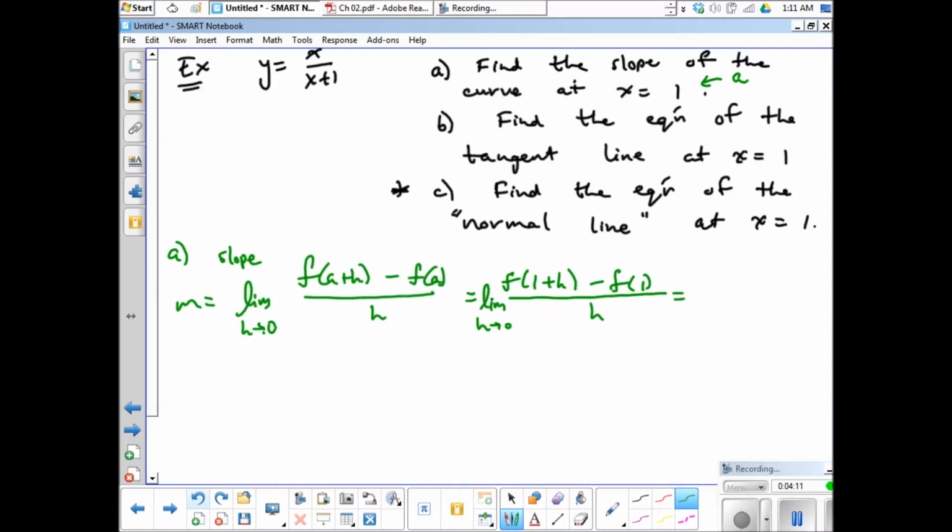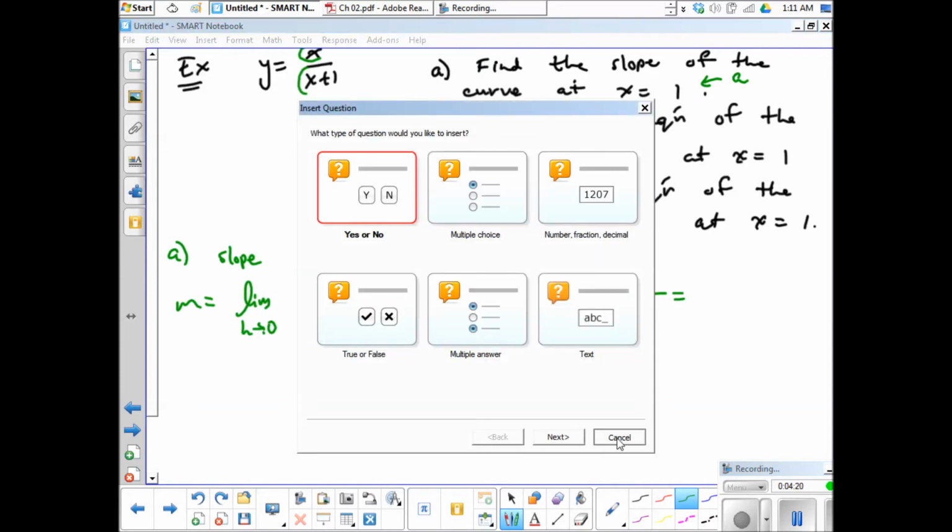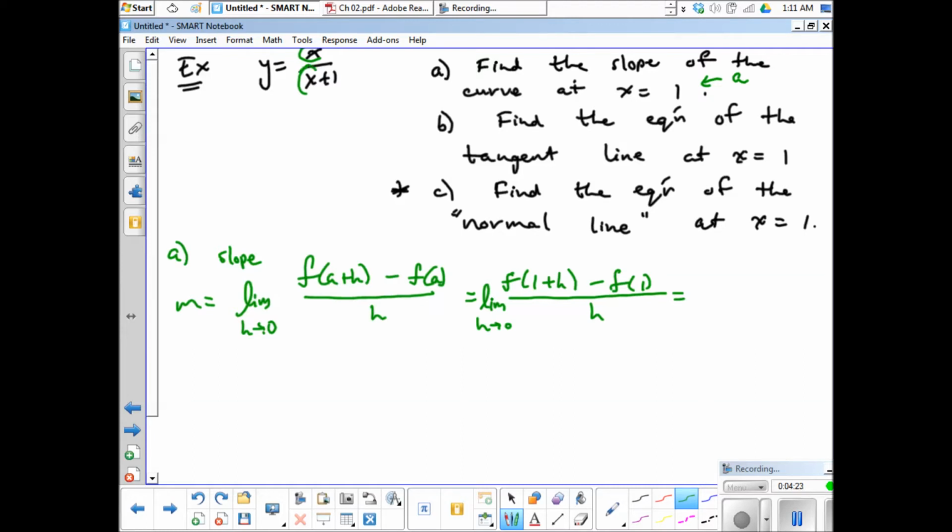Okay, so this is going to be 1 plus h is what we're going to be using for x. 1 plus h. Okay, so it's going to look like this: 1 plus h over 1 plus h plus 1, minus.